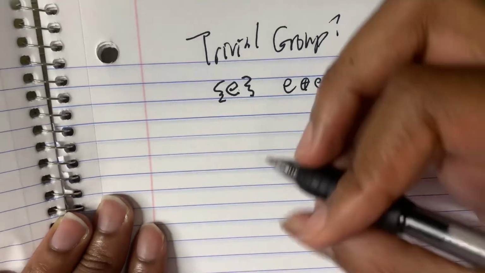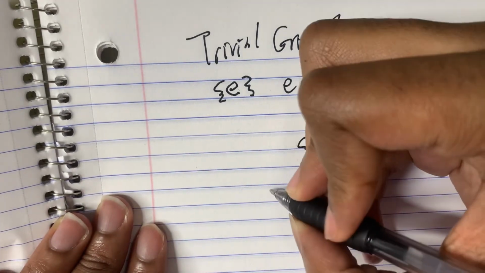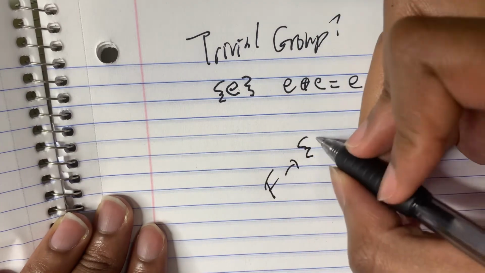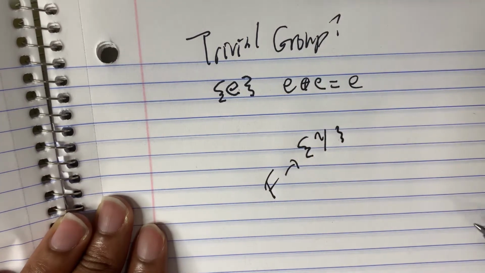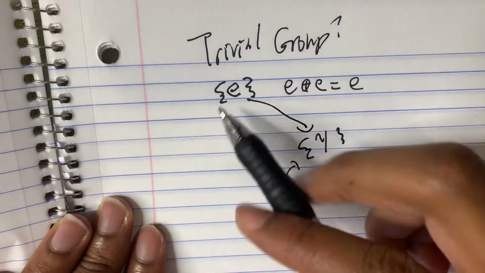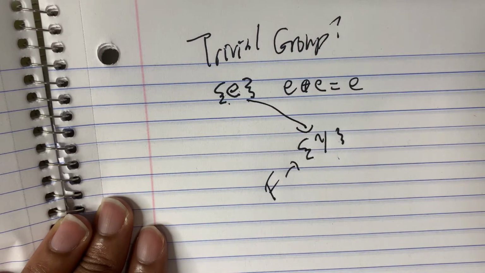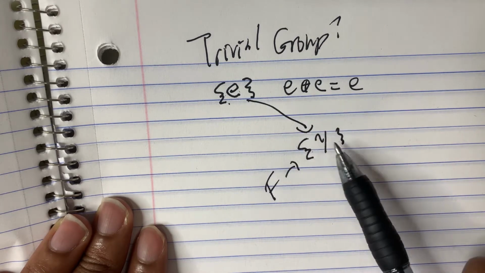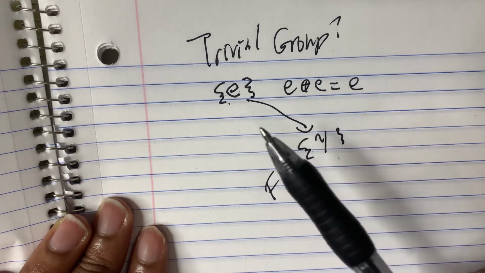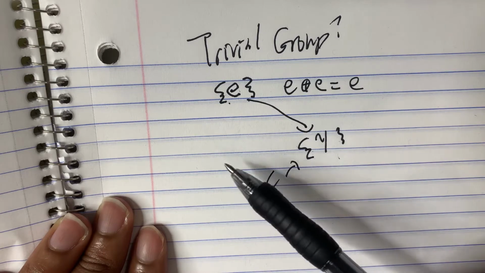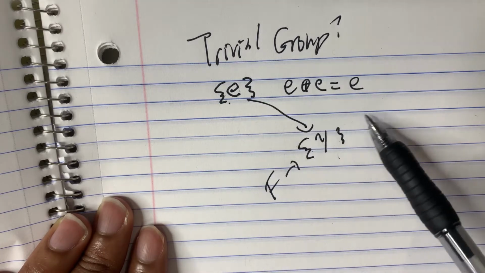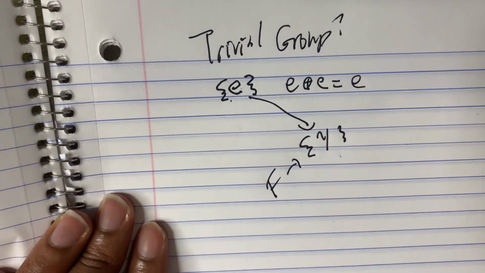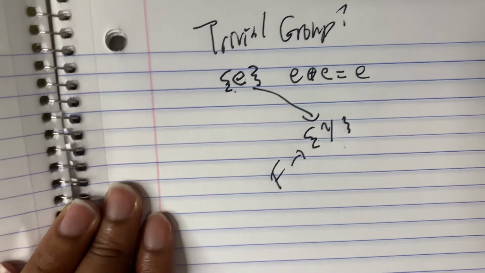I can have some other group, let's call this group F, that consists of, say, some element gamma, and I can just relabel E to gamma, and I'm done, right? The operations work in the same way, since gamma is an identity element, and so is E. So all trivial groups of order 1 are isomorphic to each other.